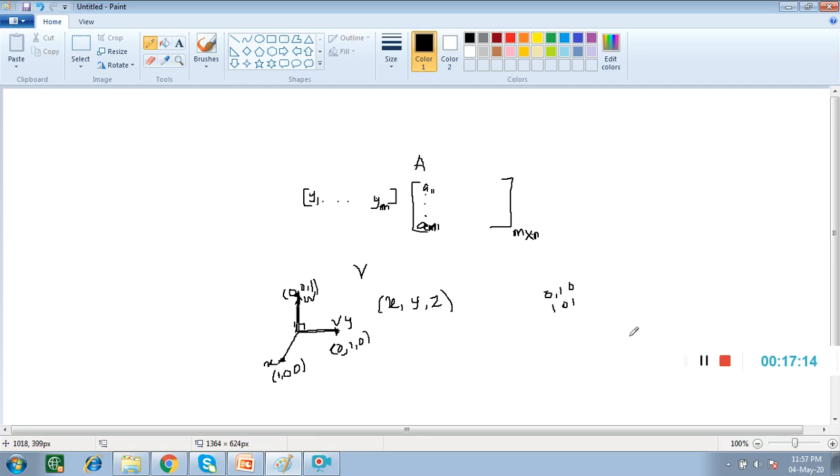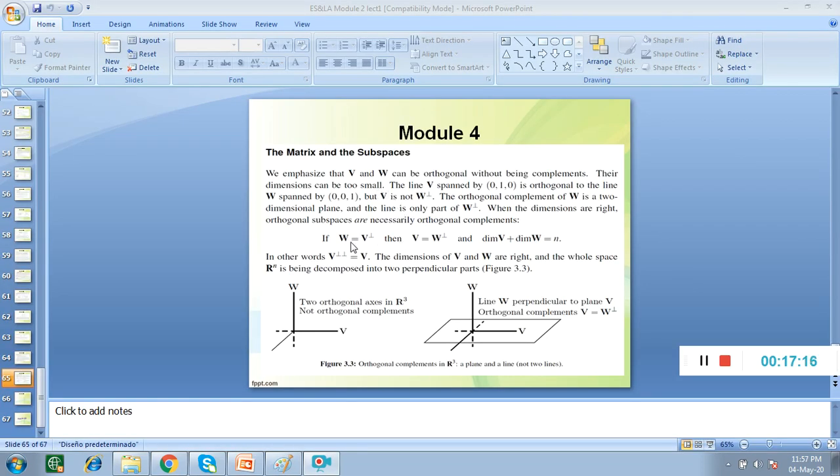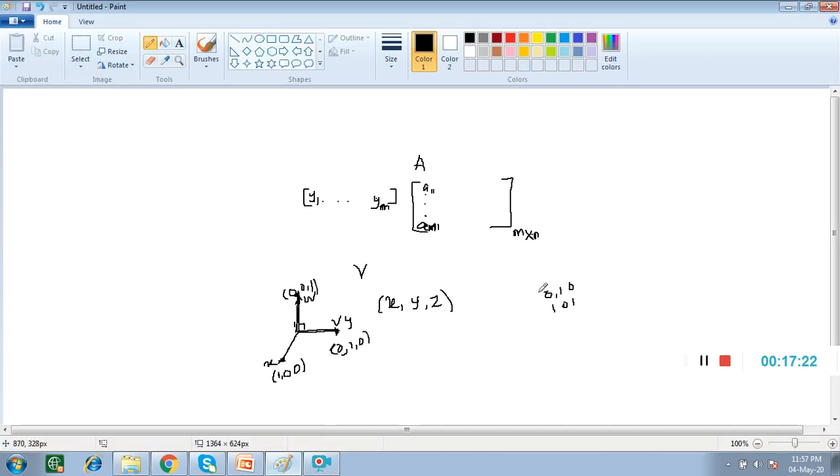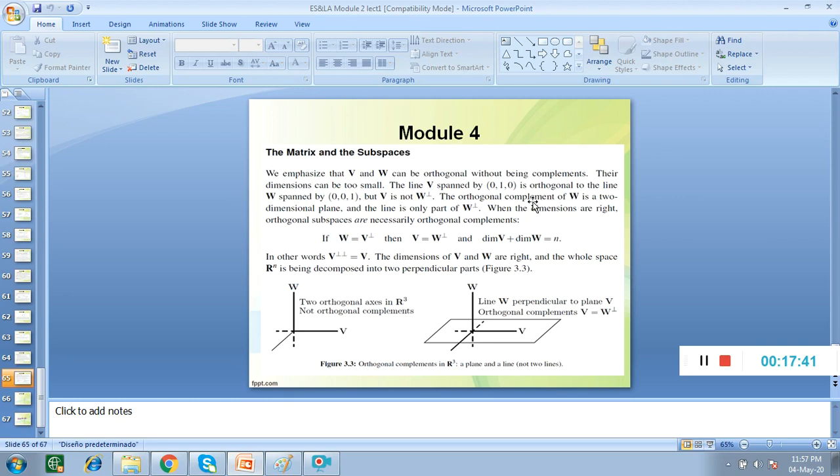Here, 0, 1, 0 is certainly not equal to 0, 0, 1, because its complement is different. Even though they are not complements of each other, they are orthogonal; that is the meaning of that line.